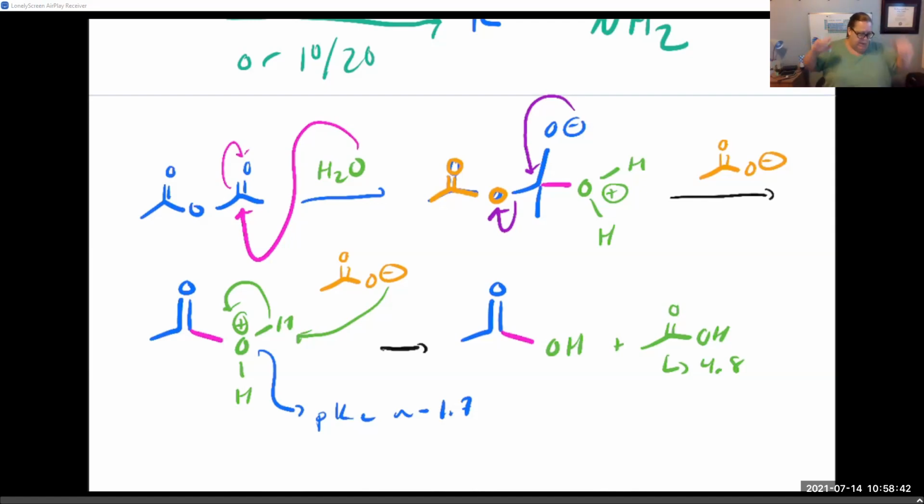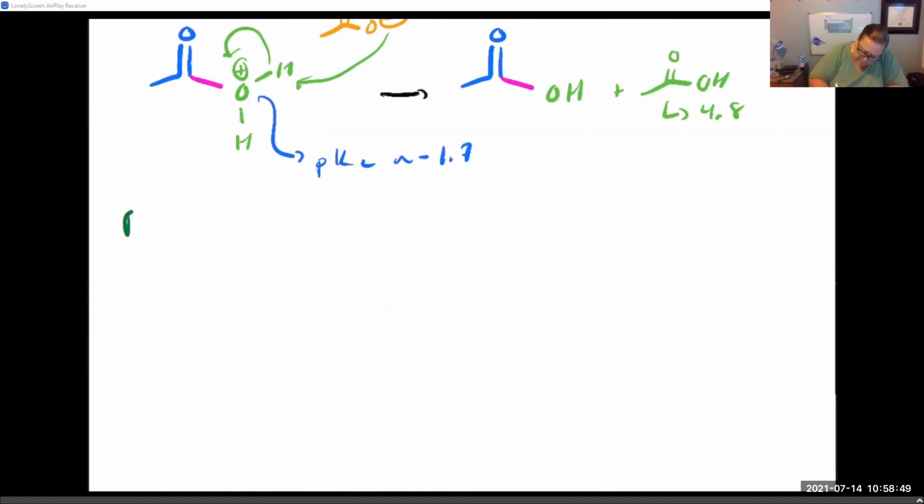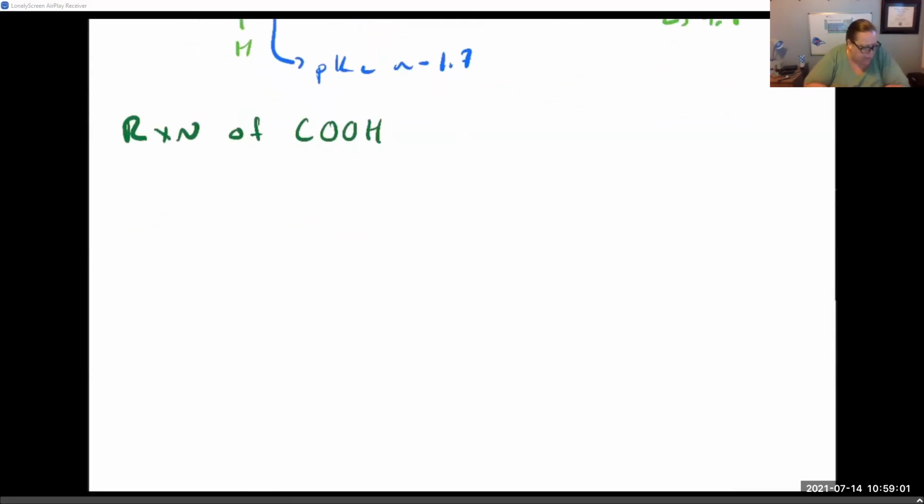All right. Now let's talk about reactions of carboxylic acids. So actual carboxylic acids. And we're going to bring out some old friends and we're going to see some new stuff. We're going to bring out our old friend, SOCl2.